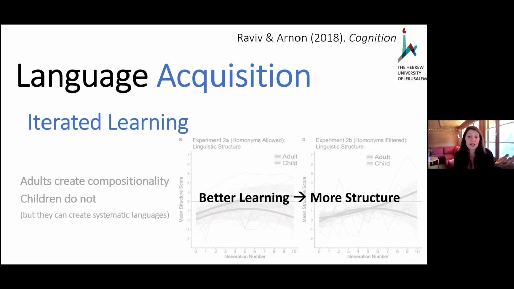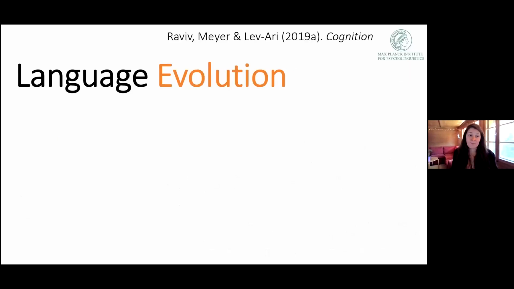So if you didn't learn the language at all, you weren't able to add any systematicity or regularity. But once you managed to learn it a bit, you were also able to amplify the patterns that you saw. And this result has also been replicated already with adults in a more designated study that looked exactly at this relationship.